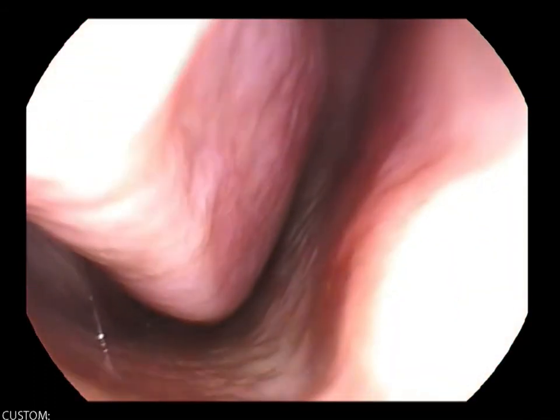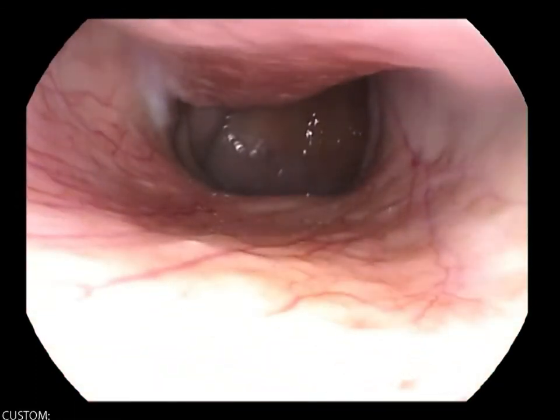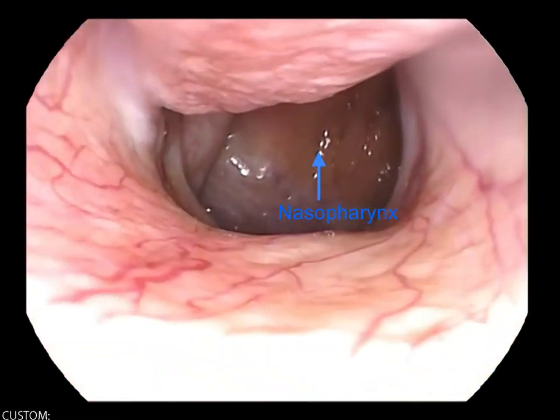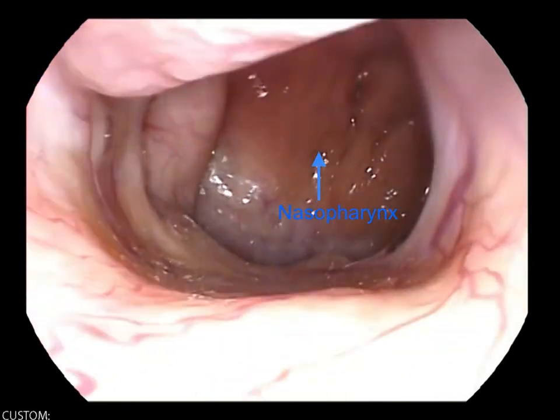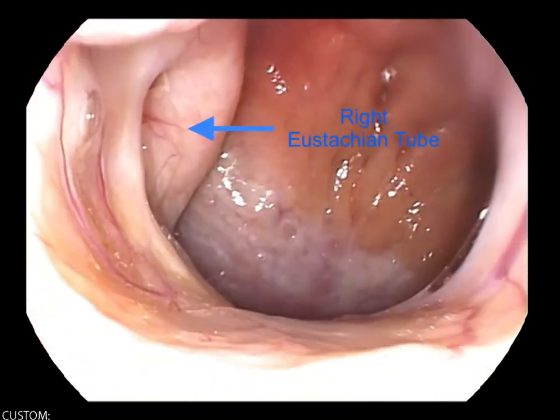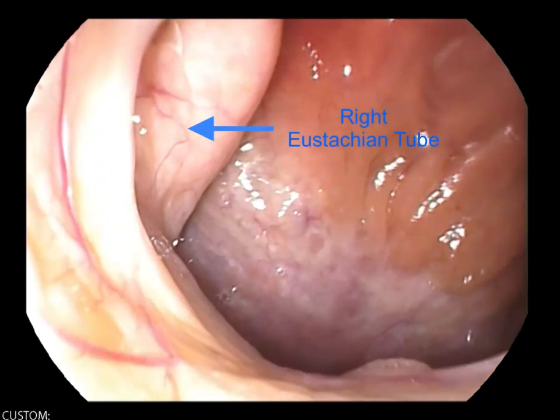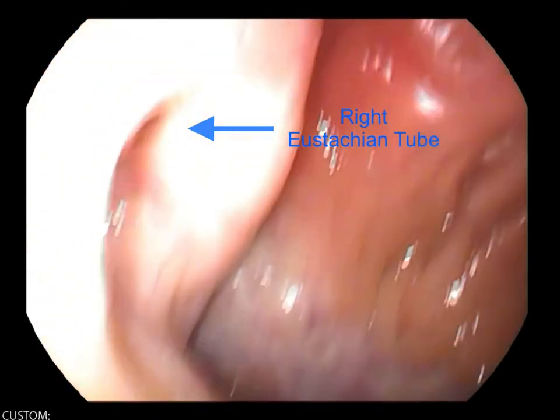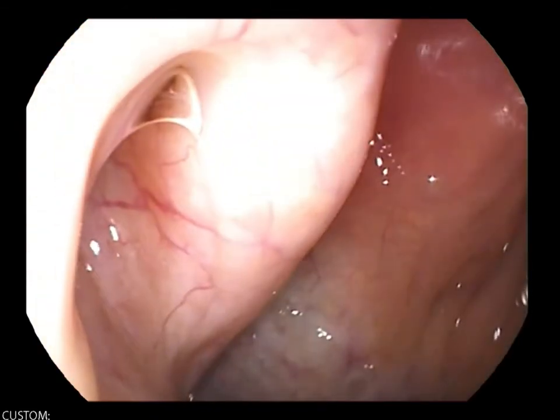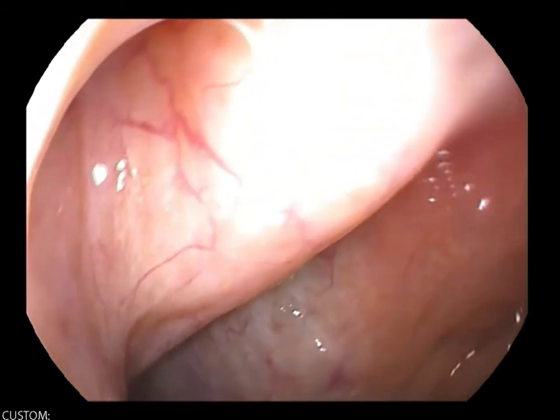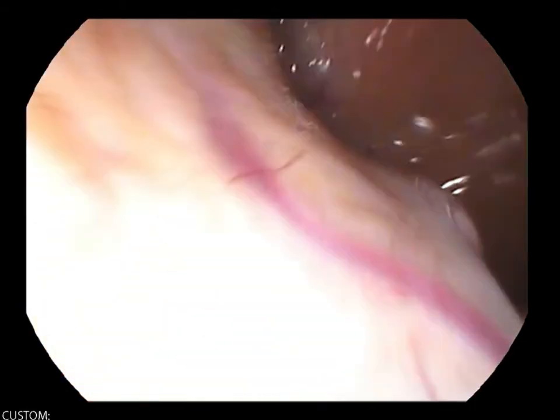However, for the purposes of this demonstration, we're going to pass through the inferior meatus, passing underneath the inferior turbinate, whereby straight ahead we are able to see our nasopharynx, and on the patient's right, our left, we can see the right eustachian tube, and this is a good area to note any obstructing lesions, and we'll cover such things in the pathology part.